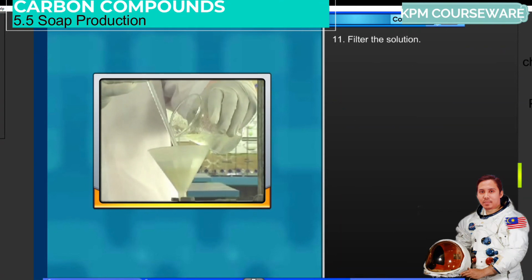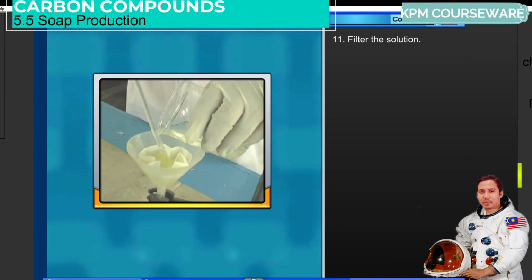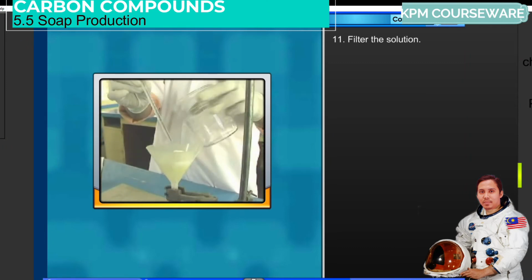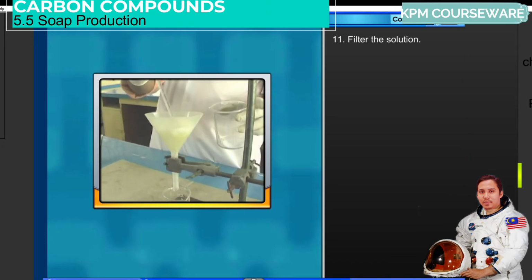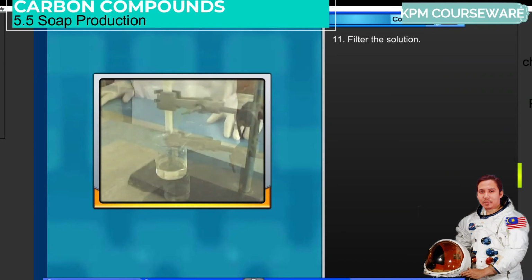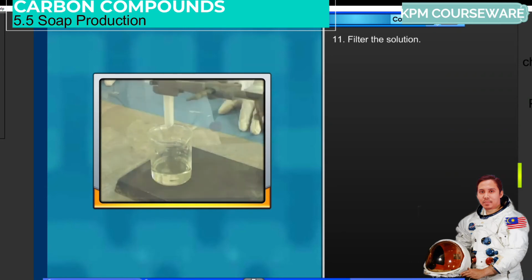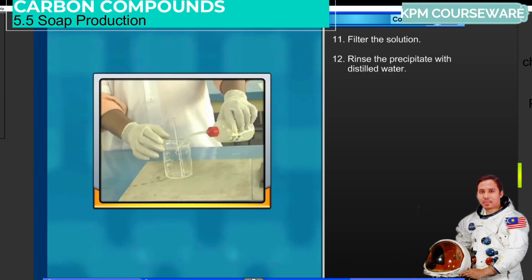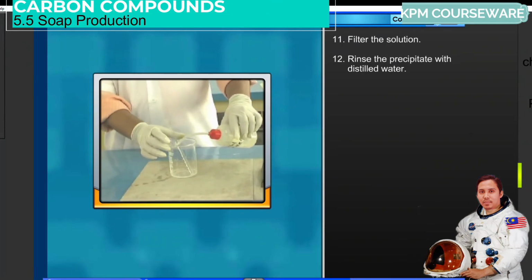Filter the solution. Rinse the precipitate with distilled water.